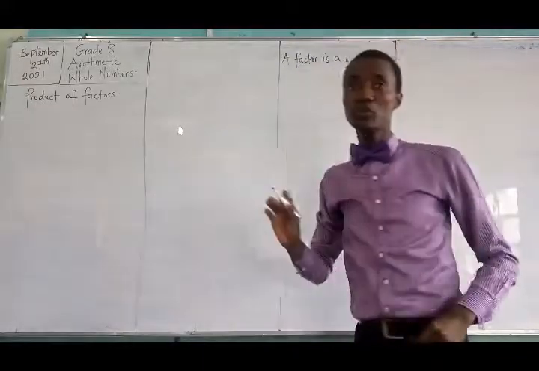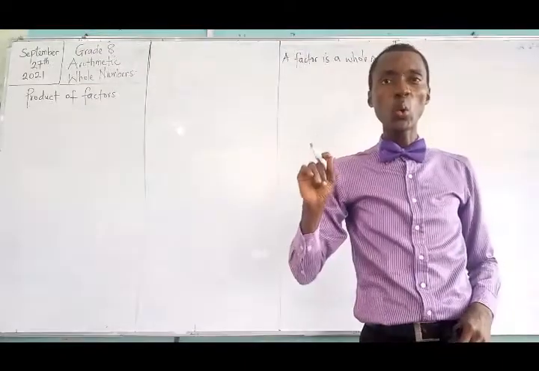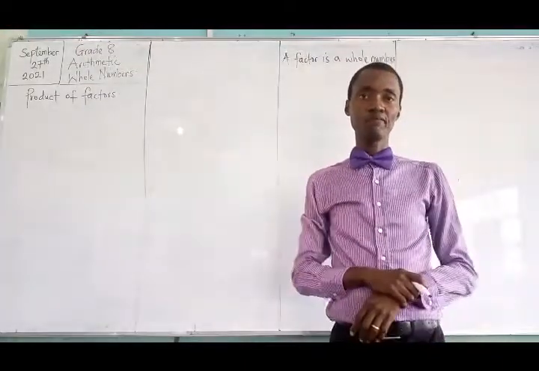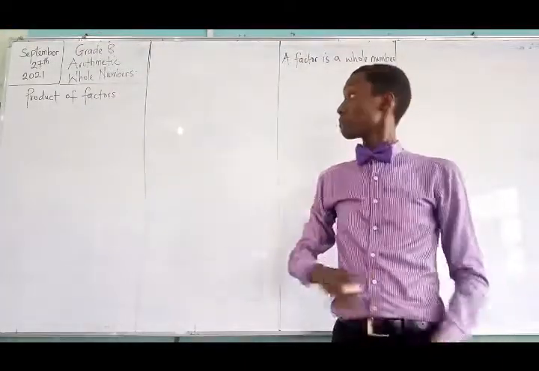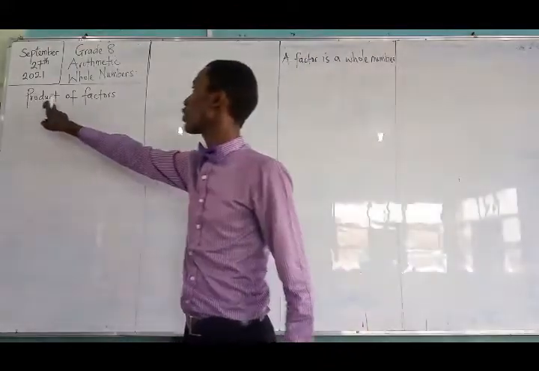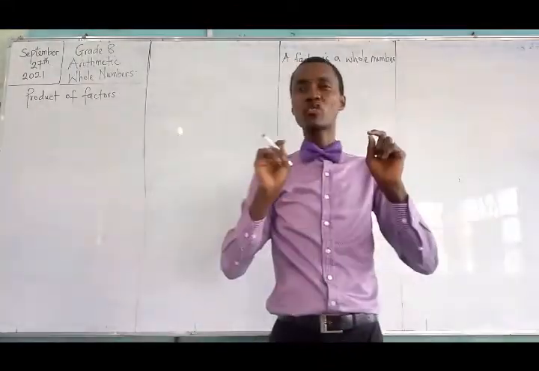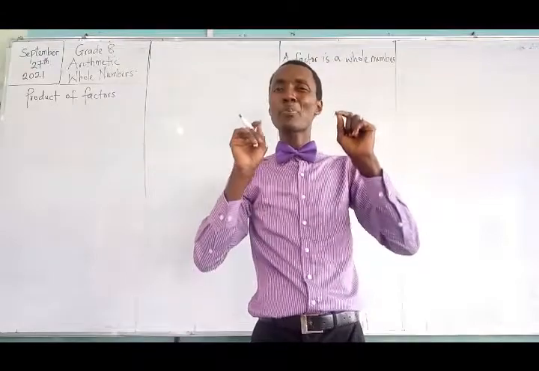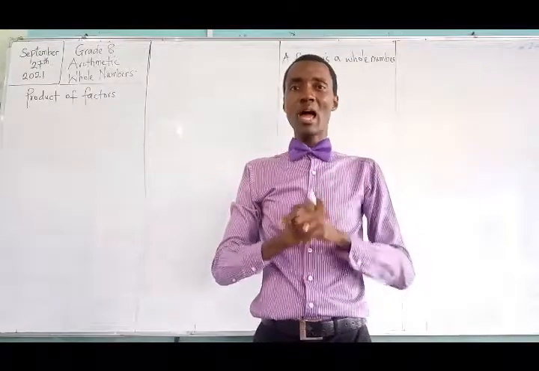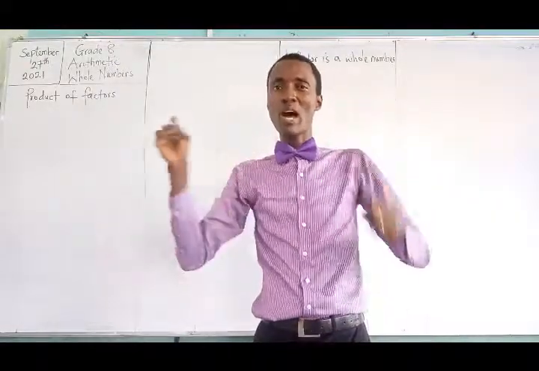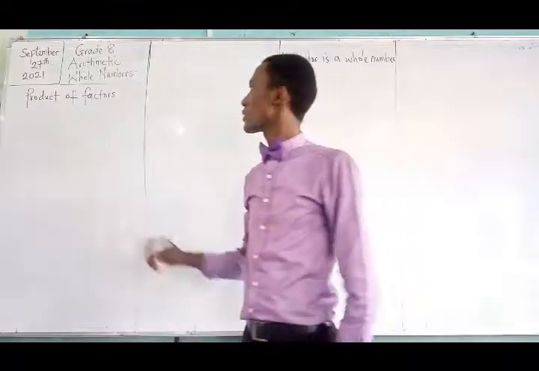At least at your level, a factor is what? A whole number. Now, in looking at product of factors, we will be trying to use our concept of prime numbers to handle them.